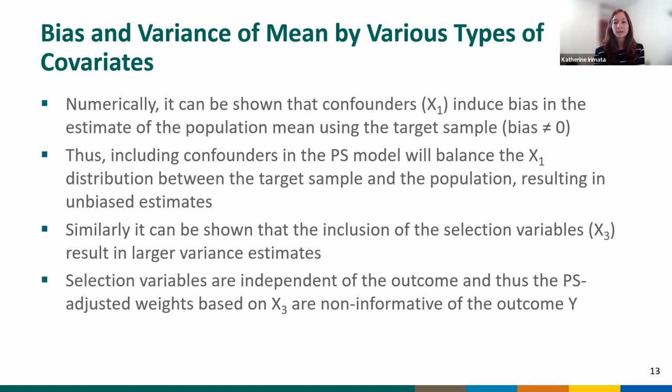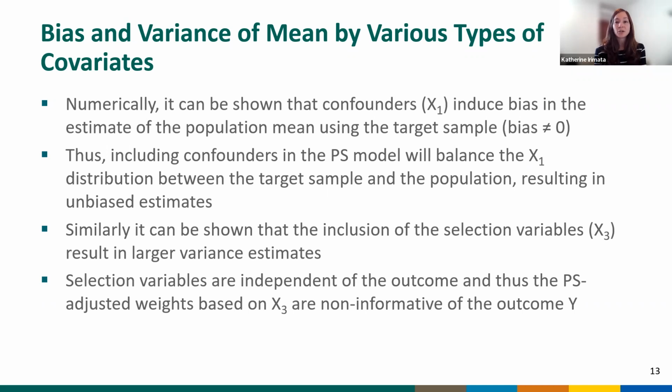The numerical evaluations of the bias and the variance of the sample mean aren't provided in this presentation, but it can be shown that when the conditional distribution of A, our selection indicator, given Y, our outcome, is the same as the distribution of A, the bias will be 0.